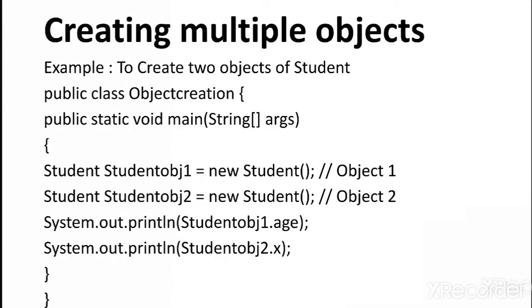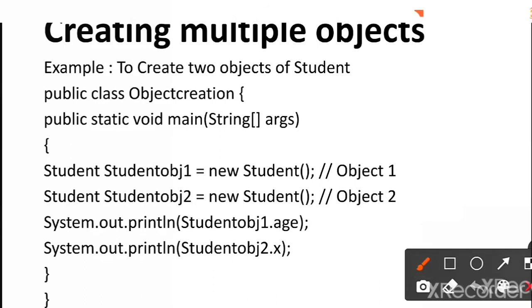You can create multiple objects of a class. Here is an example to create multiple objects for a student class. Here you can see I have created an object called student object1, that is the first object, and in the next line I have created one more object of the same class, that is the student class, by writing the object name as student object2.